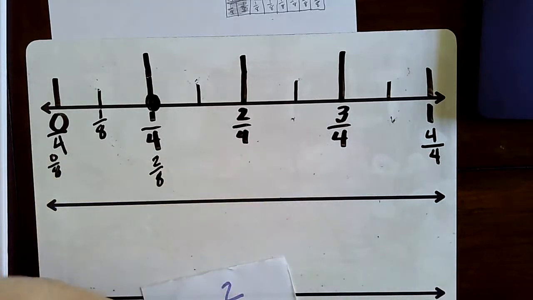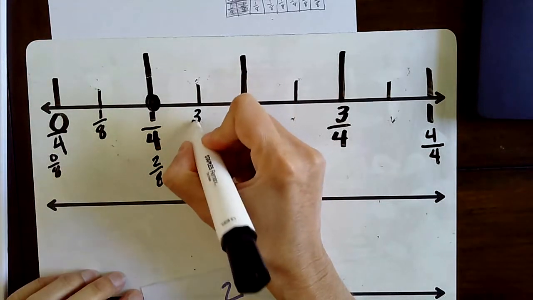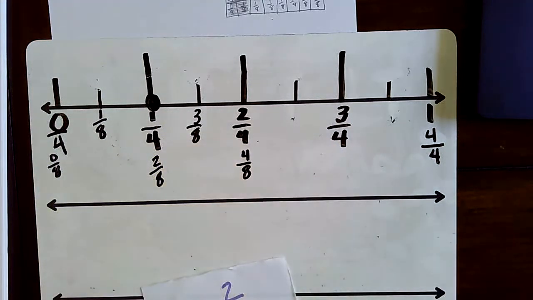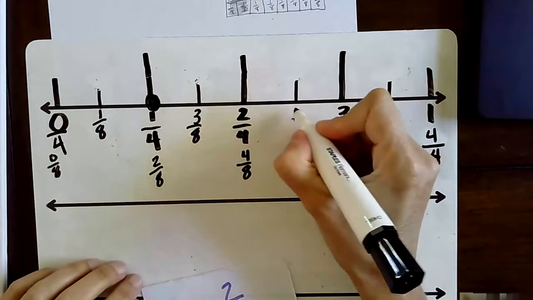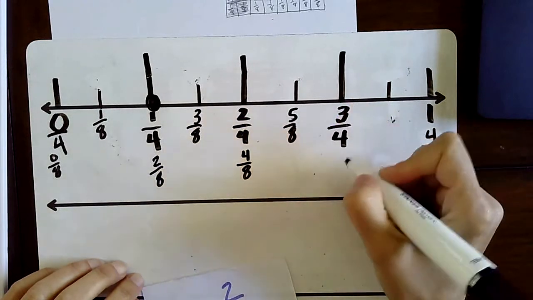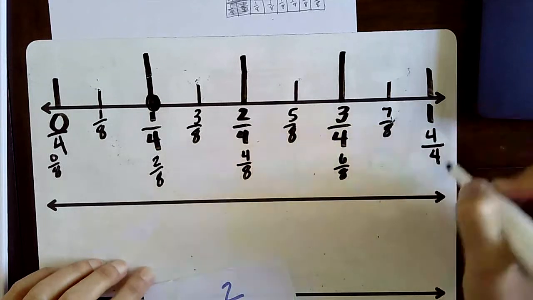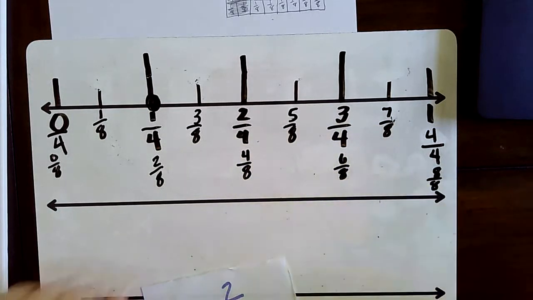Now we have 3/8, and then guess what? 4/8 is the same as 2/4, and then 5/8, 6/8, 7/8, and 8/8 is the same as a whole.